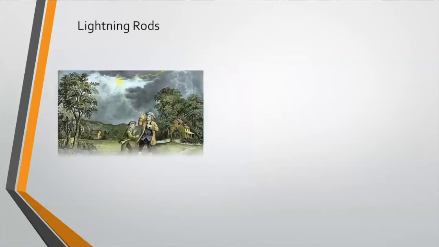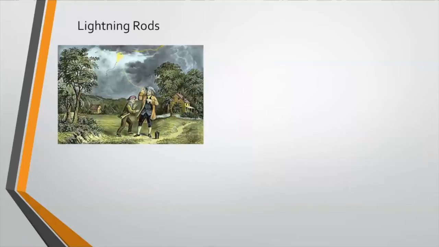Lightning rods were invented by Benjamin Franklin, as seen in the image with his famous experiment. It's a pointed metal rod attached to the roof of a building. This is the pointed metal rod.